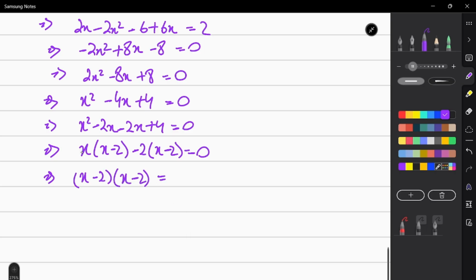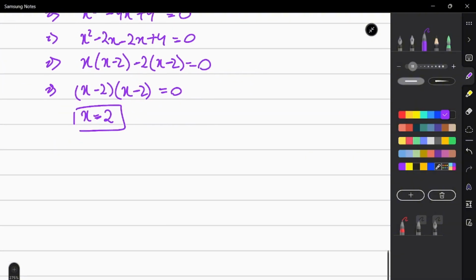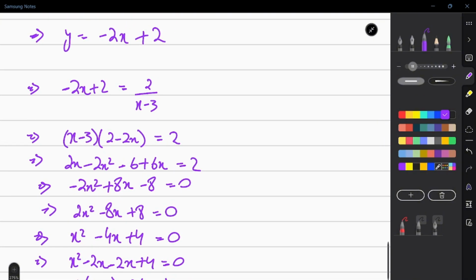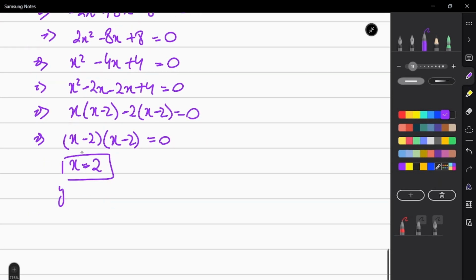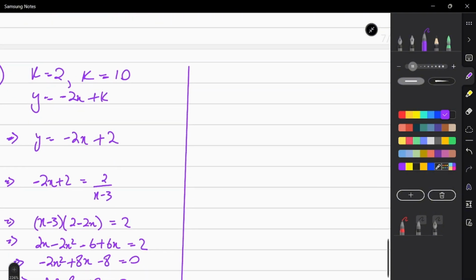This gives us x equals to 2. And to find the y coordinate of this, we're just going to be using this one. Y is equal to minus 2x plus 2 gives us minus 2. And this is 1 point. Now for the other coordinate.